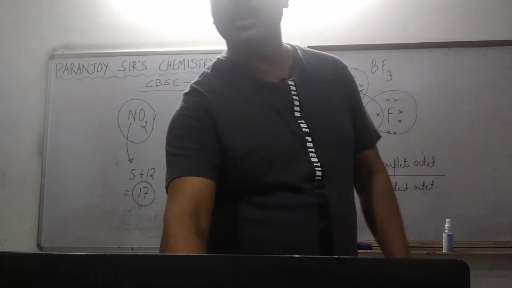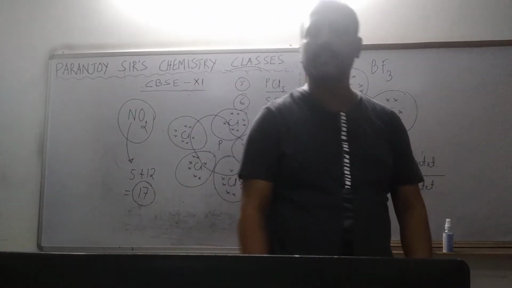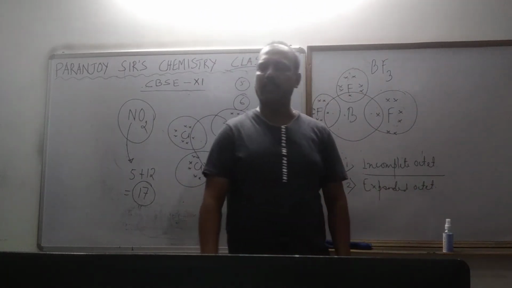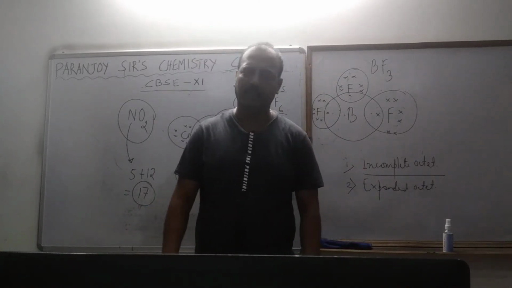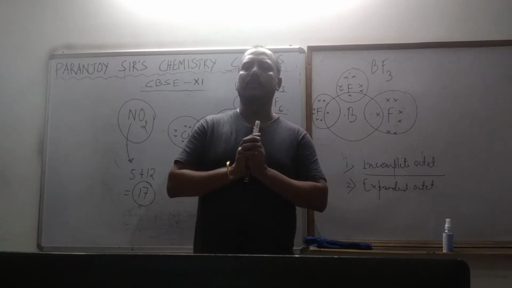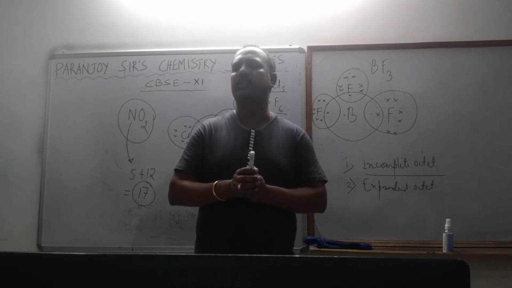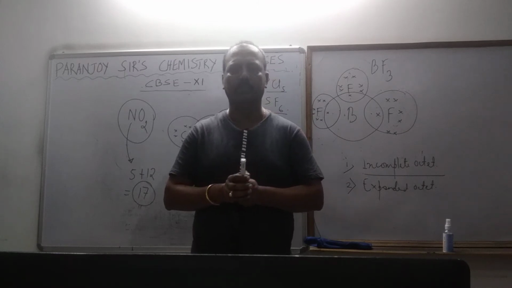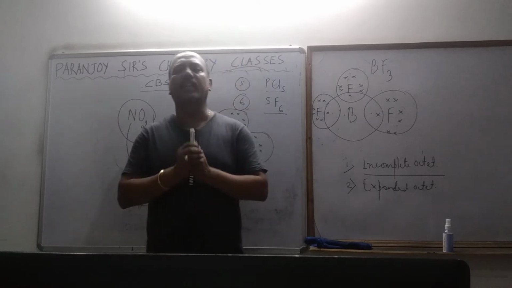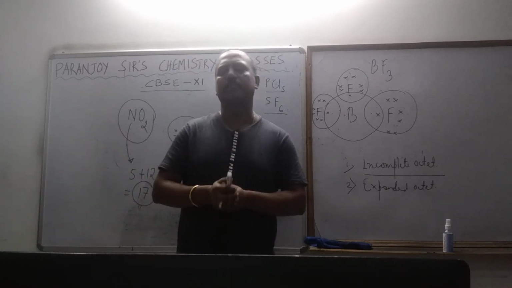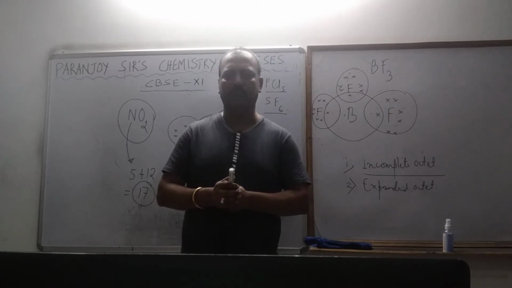Now can you make it octet or doublet with an odd number? Certainly not. There will always be an extra electron that will remain. So if any molecule has an odd total number of electrons in its valence shell, we cannot explain its structure simply by the Lewis dot model.